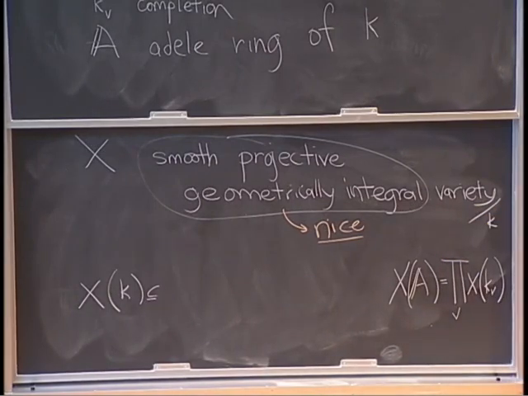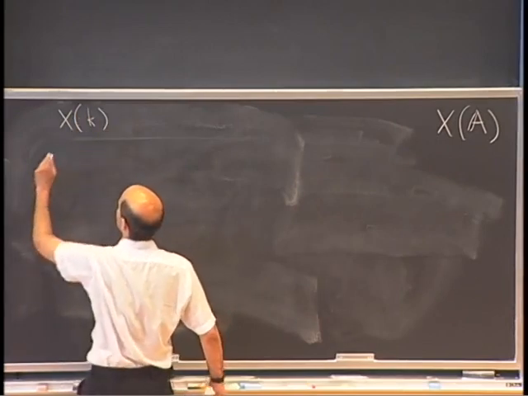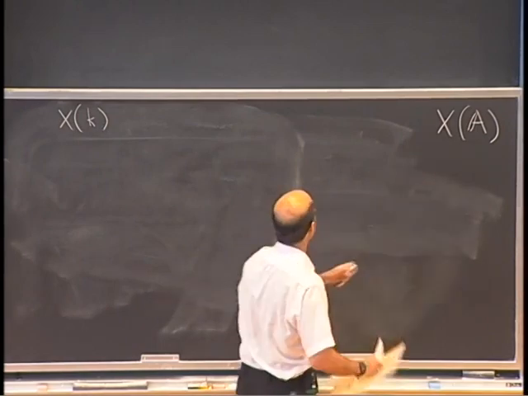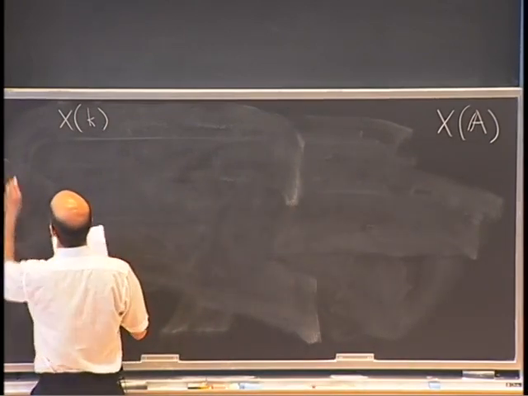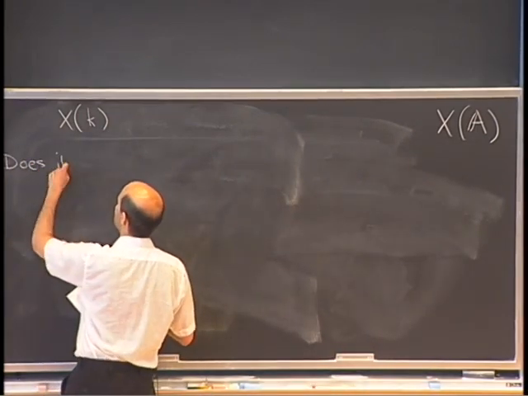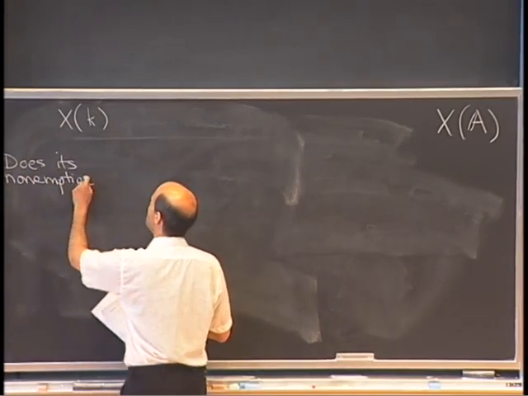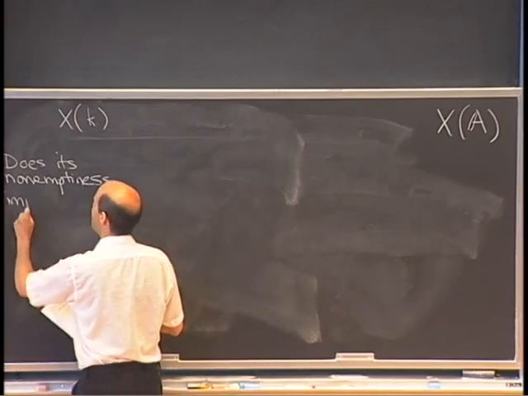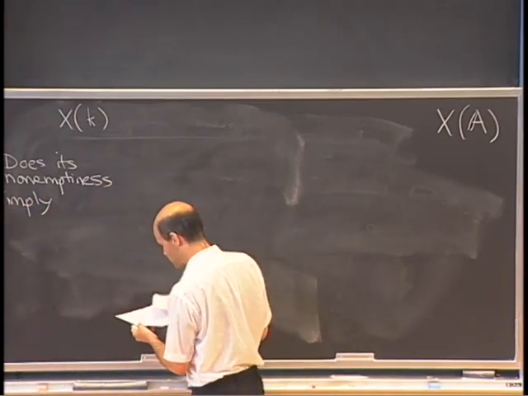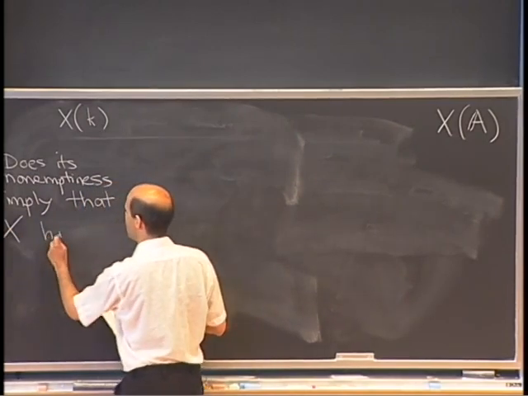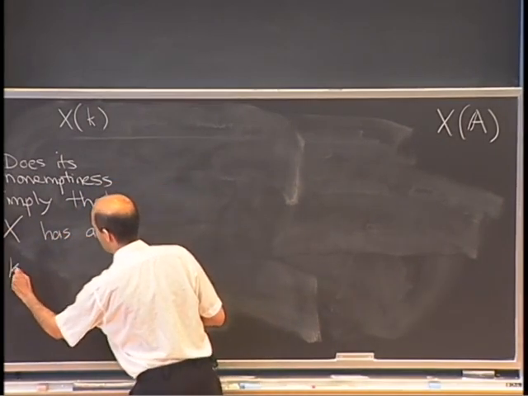So here I'll have the adelic points, and way over here I'll have the rational points, and I'm going to ask the question for a bunch of subsets in between whether the non-emptiness implies that X has a K-point, a rational point over K.